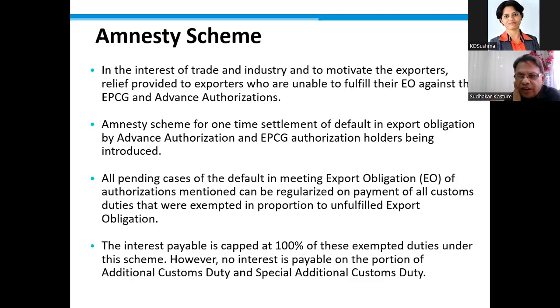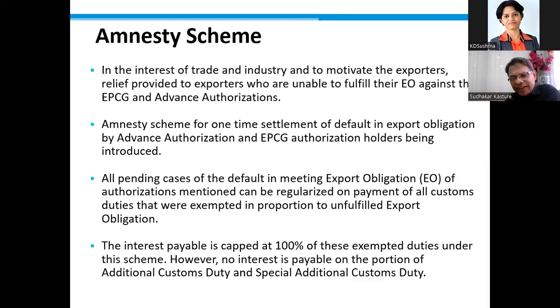Normal obligation period for an authorization is 24 months. Even if you take extension as per the old policy, 30 months, you think of this, if you add 30 months to the license issued in 2015, it is 2016, 2017, half of 2018. We are already in the year 2023. So the scheme may be useful for only EPCG authorization, not so much for advance authorization.